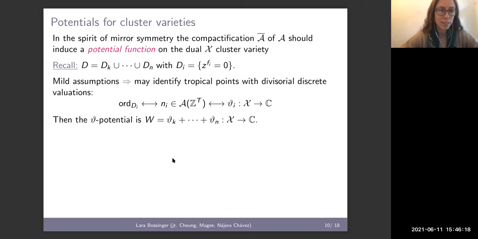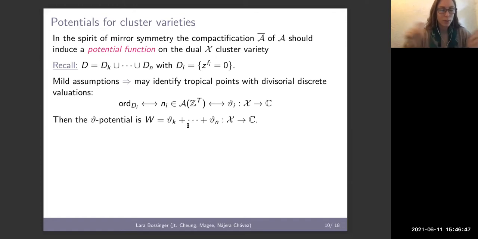So on a lattice, we have the usual lattice pairing of N and M, but we can also interpret both of them, as lattice points, as functions on the other. And then what we can do is we can either take the function z to the m and evaluate it in n, or the other way around.